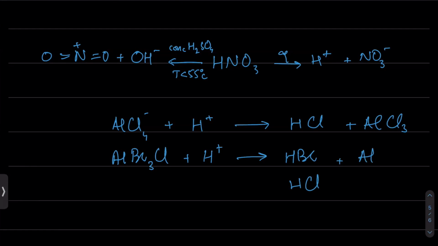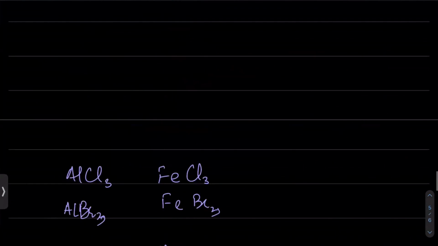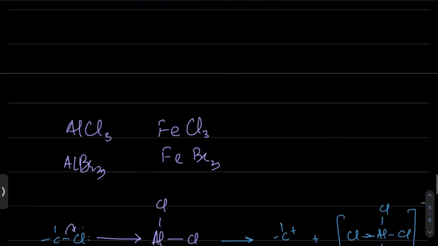So it can mess up our catalyst. क्योंकि अब वो अगर HBr उसने बना दिया ना तो हमारे पास AlBr2Cl बन जाना है. And that has messed up our catalyst. So that is why if you are going to make HCl, you always use AlCl3, and if you're going to make HBr, you always use AlBr3. Yeah, FeBr3. Okay? So the H positive, the electrophile that is generated, goes and makes an acid. So the catalyst is regenerated in all of these processes.